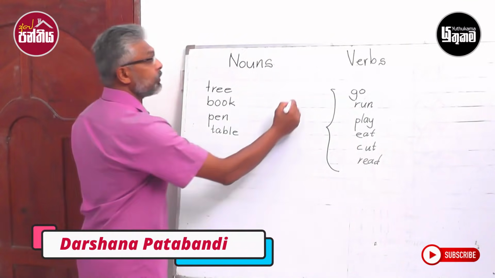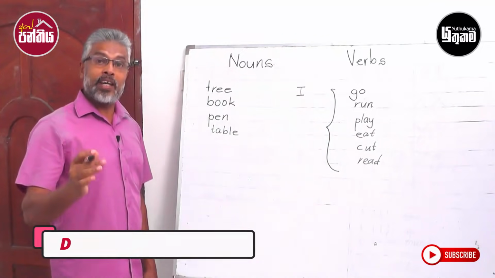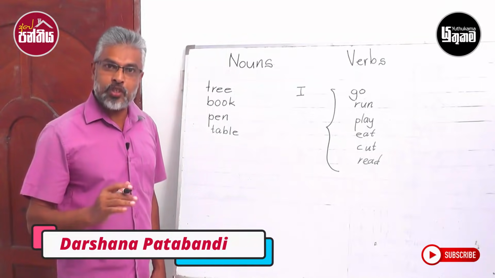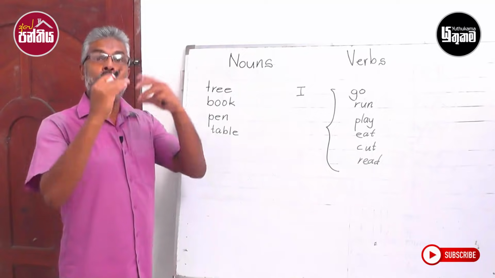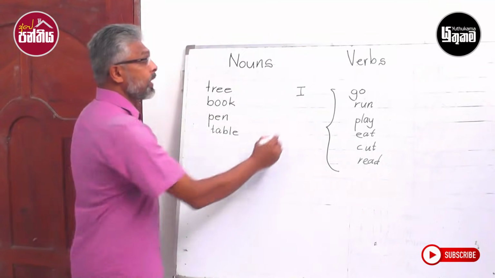So there you need to use I. You know why I becomes plural? Because it's in the first person. අපි සිංහලෙනුත් කියනවා උත්තම පුරුෂ. ඒක නිසා අපි I බහුවචන කොට සලකනවා.